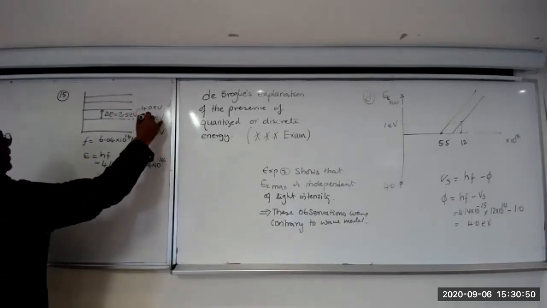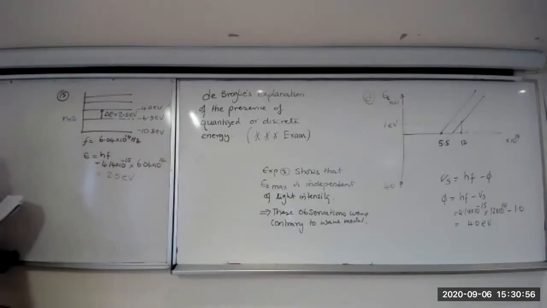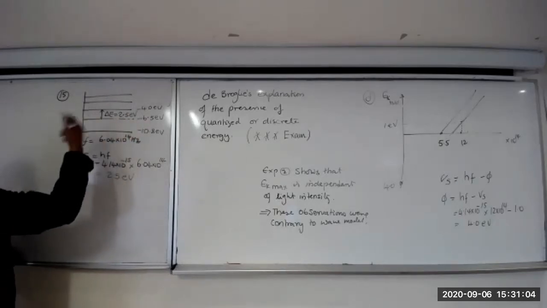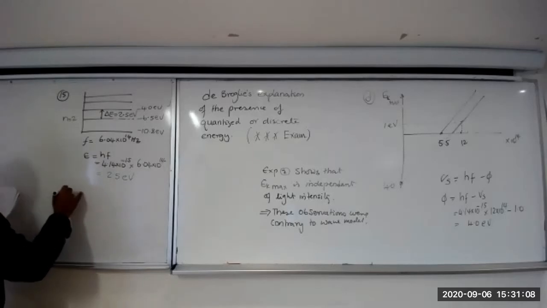If they mention a particular energy level, which is n equals 2, don't give that generic 2 pi r equals n lambda. Instead, say that 2 pi r equals 2 lambda, because 2 wavelengths should be wrapping around the whole circumference. So you have to mention why electrons are able to exist.